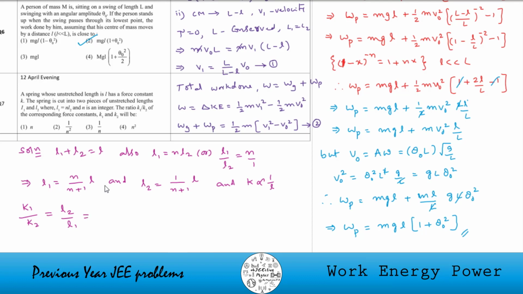By substituting L2 and L1, L2 is equal to L divided by (N plus 1) into 1 by L1. 1 by L1 can be written as (N plus 1) divided by N L. Here N plus 1 cancels, L cancels. So the remaining is 1 divided by N. That implies K1 divided by K2 is equal to 1 by N is the answer. 1 by N is nothing but option 3. Third option is the right option.